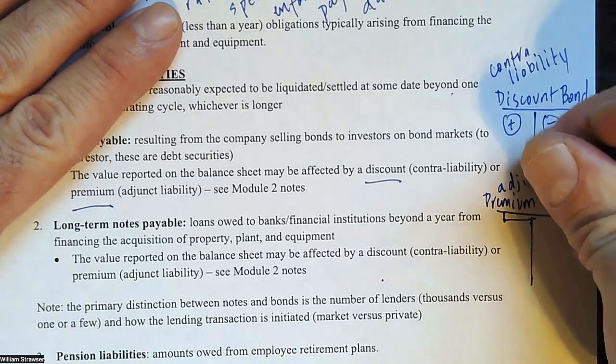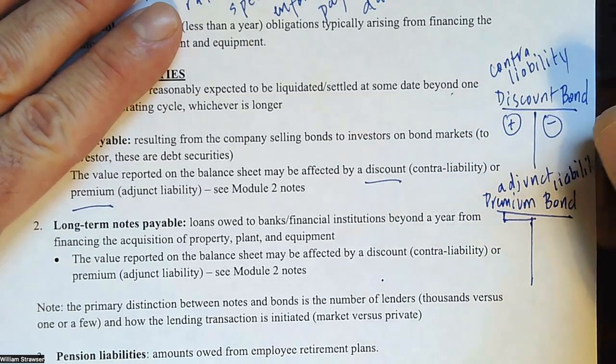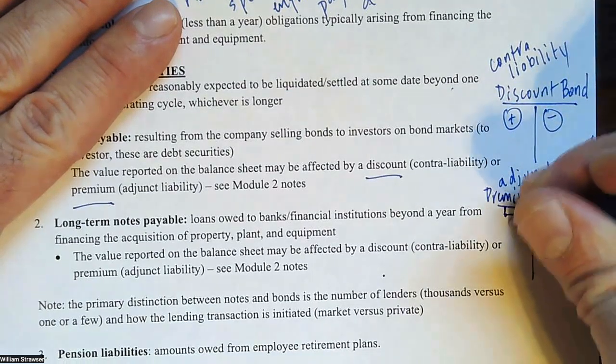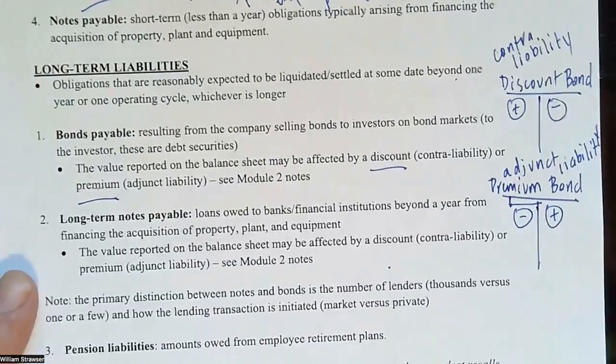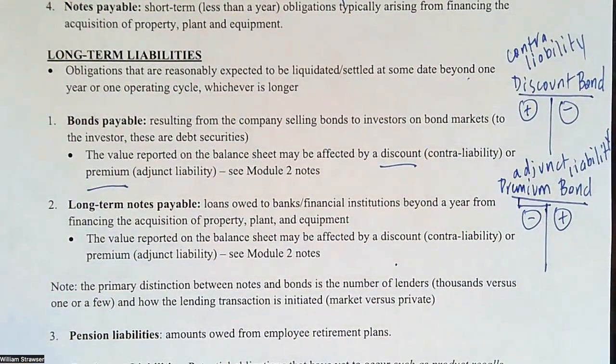So it's the opposite of a contra. It's attached to bonds. It's increased with credits and decreased with debits. You won't have both on a single bond, but you'll have one or the other. And what these do is they adjust the amount that we record in the bond to the present value of cash flows.